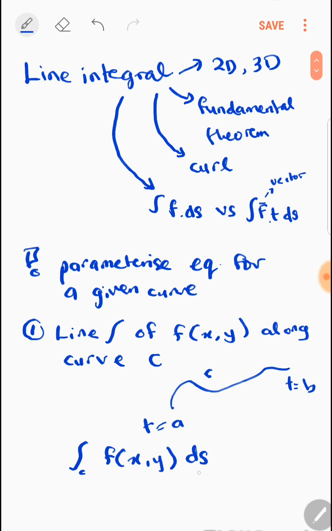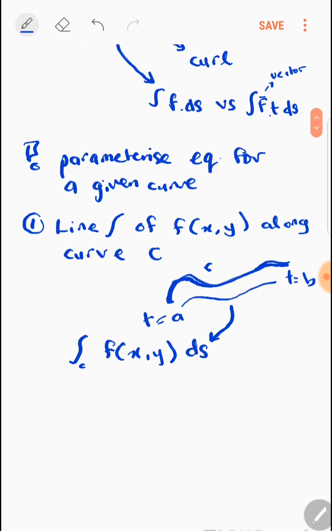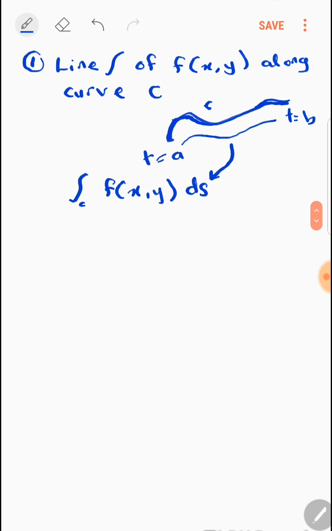And this ds just indicates the length from here all the way to here. So it means the whole length. I can see that this whole thing here is my ds.